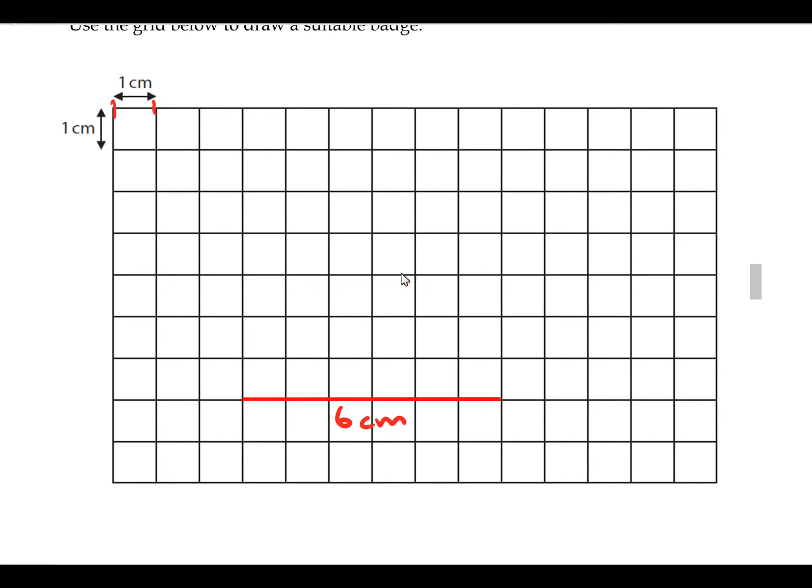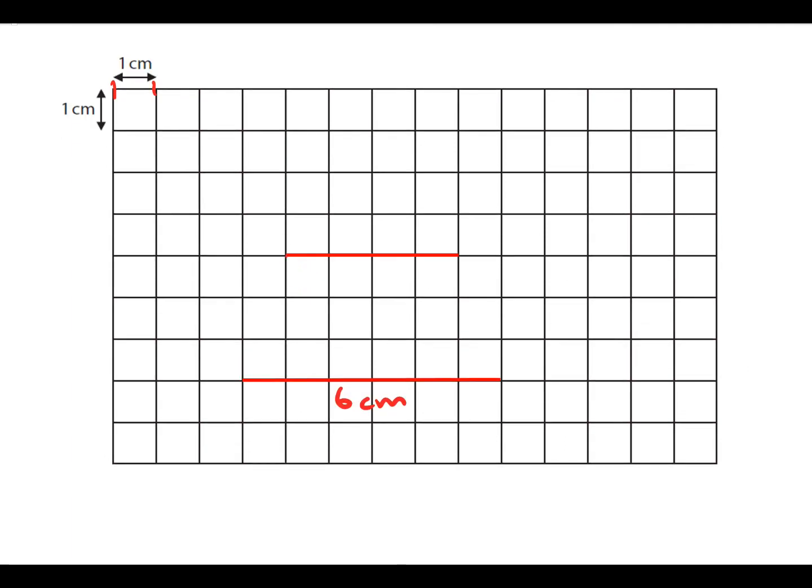So we can either have 4 squares or we can have 2 squares. It doesn't really matter. So let's go for 4 starting here. So here we go. We've drawn a line here of 4 centimetres. And what this means is when we connect the ends here, they will be the same length.